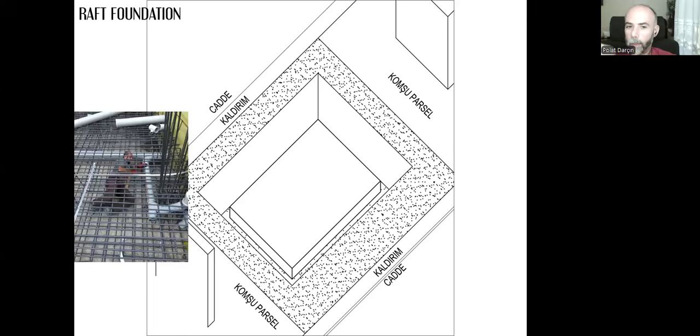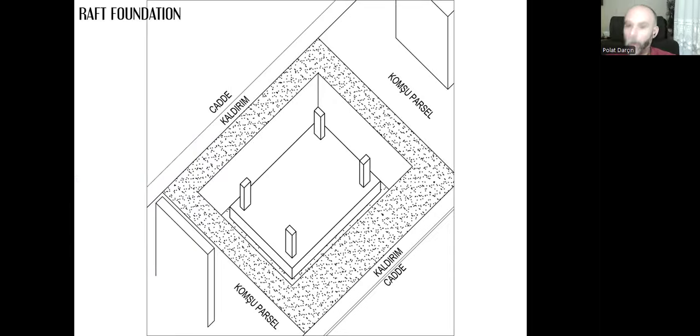And of course, it's reinforced concrete, so there will be reinforcement bars. We create a very thick and heavy floor slab, and over that we have our foundation columns, and the thickness of that slab needs to be minimum 50 centimeters. That's what we call a raft foundation. That's 50 centimeters.